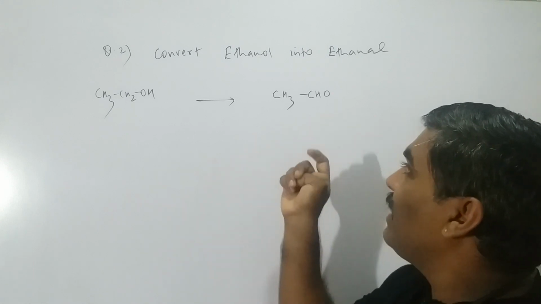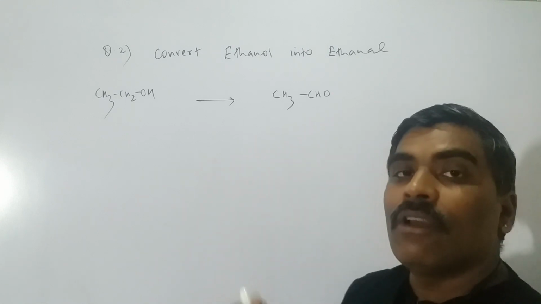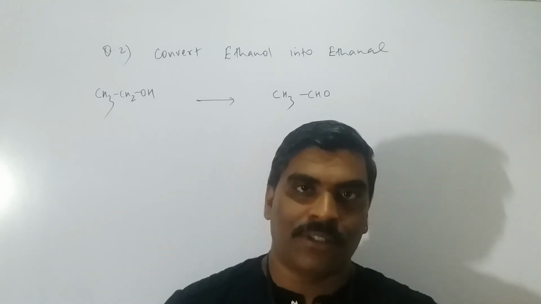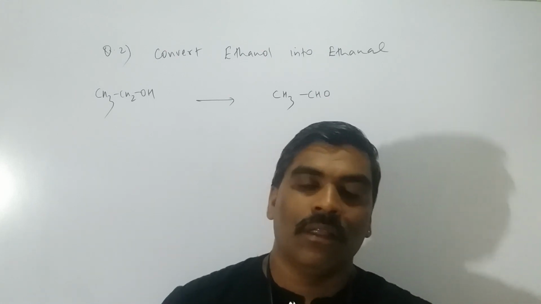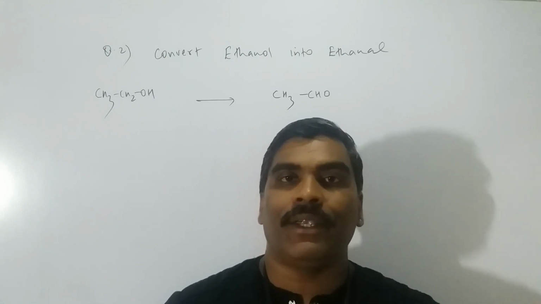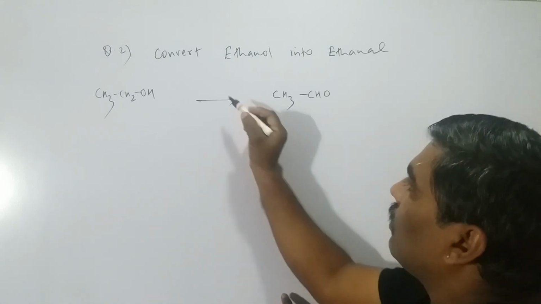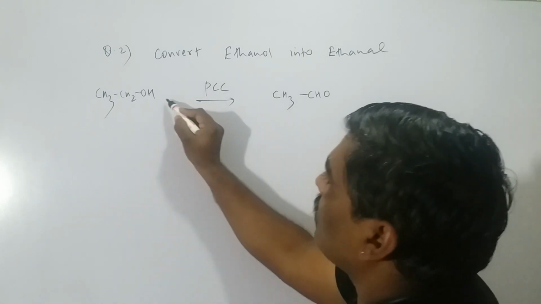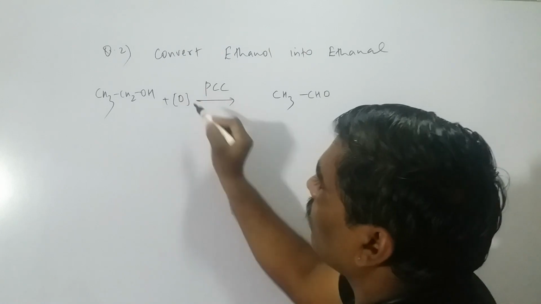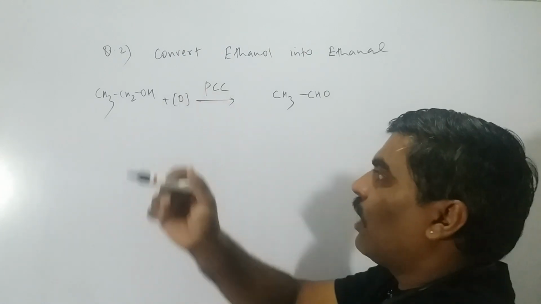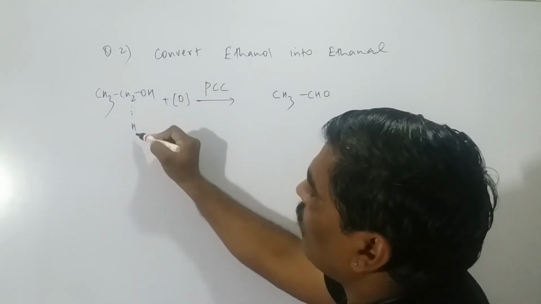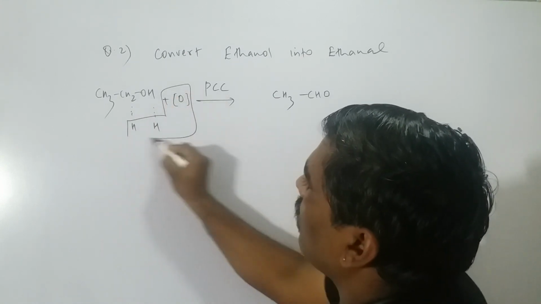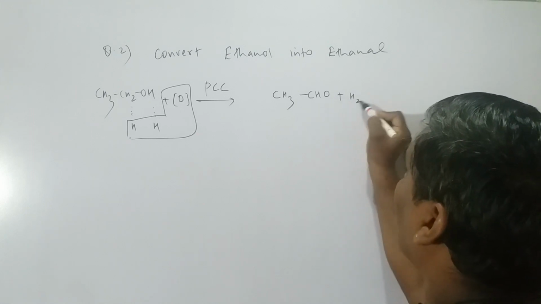To stop this reaction at aldehyde, we require mild oxidizing agents like PCC, pyridinium chlorochromate. So here we'll use PCC, which produces 1 oxygen. Further, you know what happens: hydrogen comes out from the alpha carbon, and from the functional group, and a water molecule is given out.